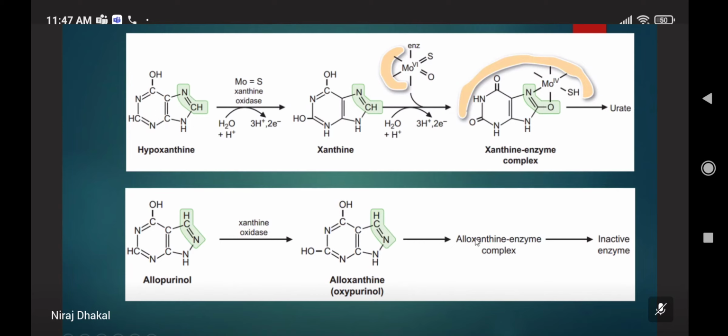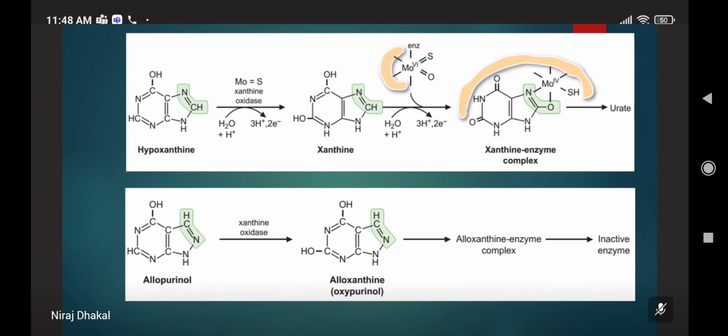The complex of alloxanthine and enzyme will inactivate the enzyme because alloxanthine cannot be converted to any other product. But in case of xanthine enzyme complex, xanthine is a usual substrate, so it is converted to uric acid. So there is a suicide inhibition. The enzyme is simply doing a suicide by binding with the inhibitor.